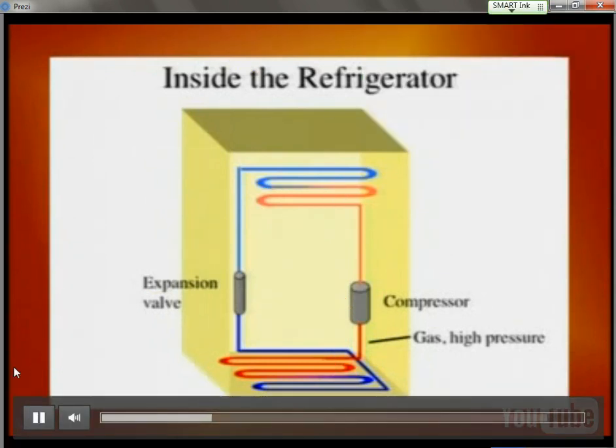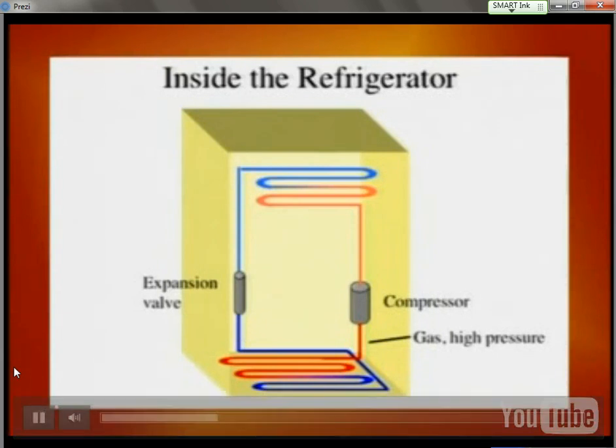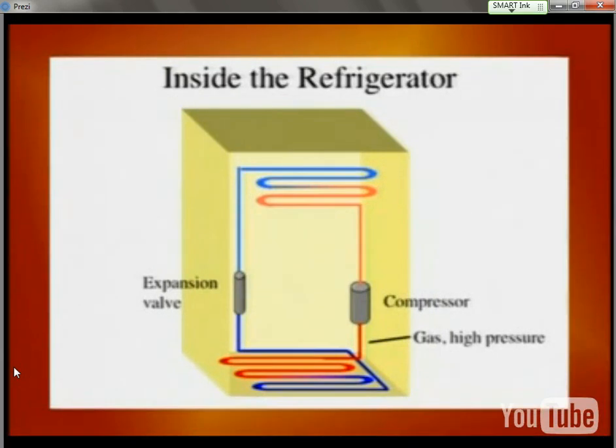That fluid moves through some coils, sometimes in the bottom of the refrigerator, which is actually a rather poor place for it energy efficiency-wise. Better places on top, and you might have seen ancient refrigerators that actually have a little round thing on top, and that was a better place to put these coils. Sometimes in the back, sometimes they're in the bottom. But the purpose of those coils is to take that high-pressure gas and let it get rid of some of its energy, in the process condensing to a liquid.